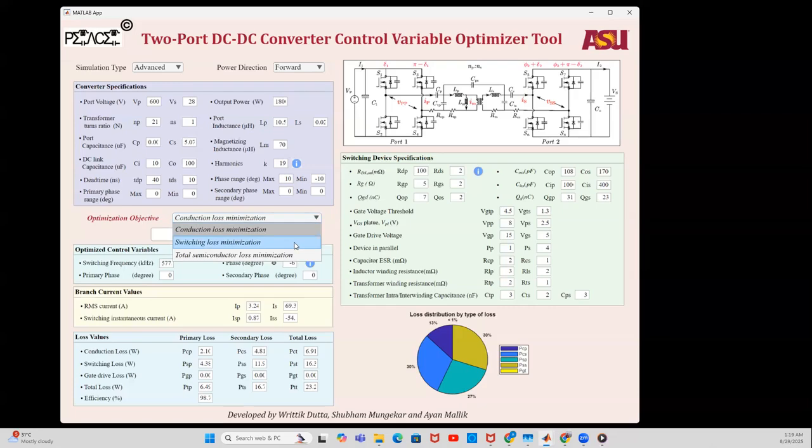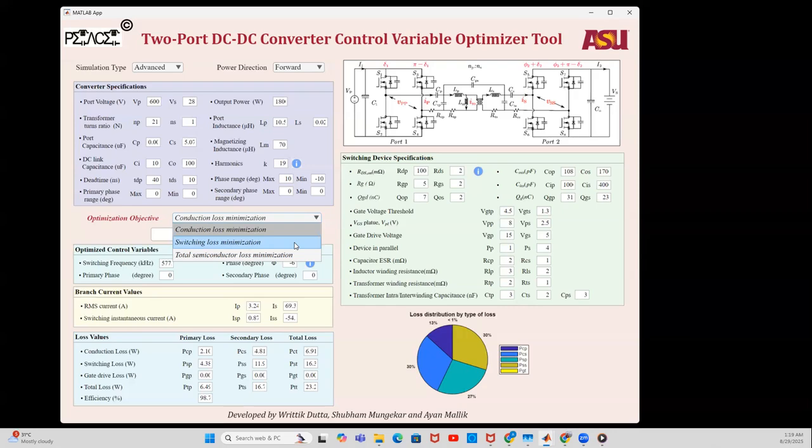What happens is that once we give certain requirements in terms of the voltage and power, it calculates certain control variables by solving the mathematical model of the CLLC. At the end of the mathematical model, there are possibly multiple control variables available for the user to select.